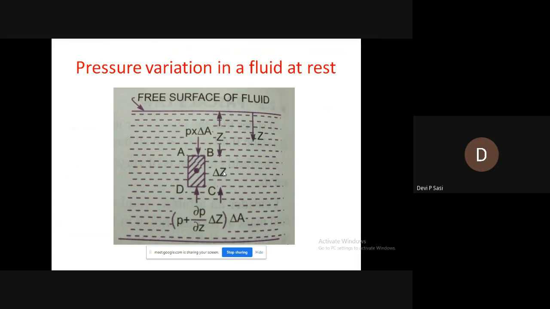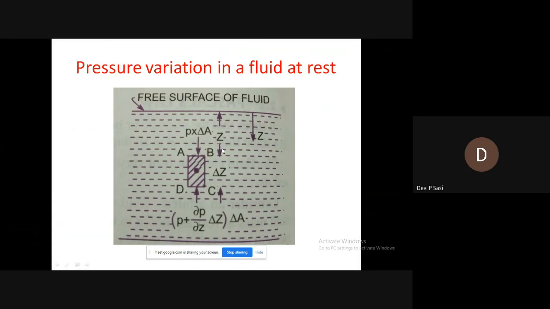Now let us assume small p as the pressure acting on face AB. Delta A is the area assumed, delta Z is the height of the fluid assumed, and small p is the pressure on face AB.